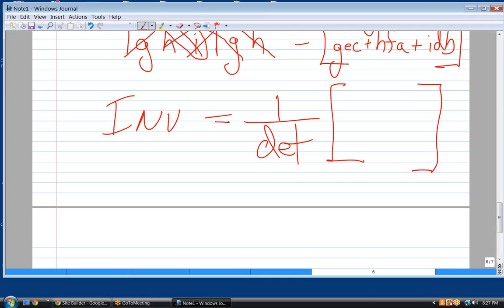On a 2 by 2, in other words, if your original matrix is A, B, C, D, then it becomes D, minus B, minus C, A. So that's the way you find the inverse on a 2 by 2.